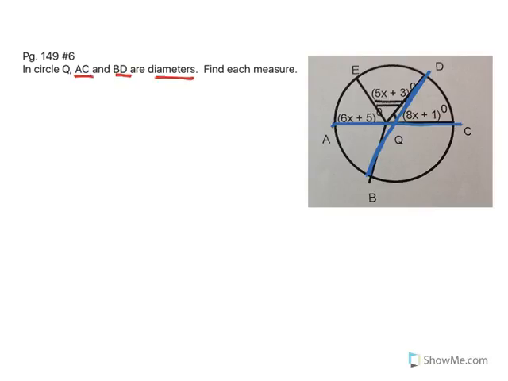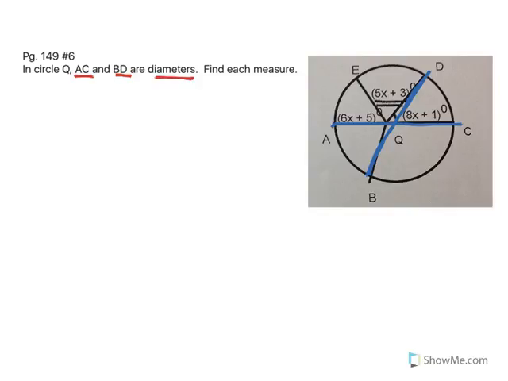So that means all of these angles add up to 180. I'm going to erase those so I don't confuse you, but when the problem tells you that something is a diameter, you're probably going to have to find out which angles add up to 180.